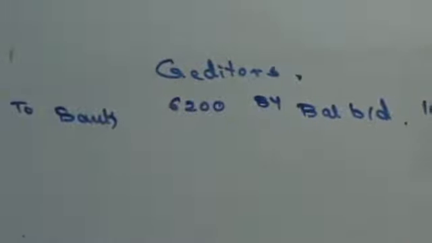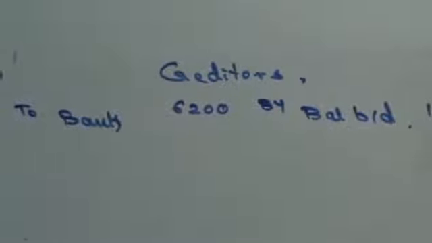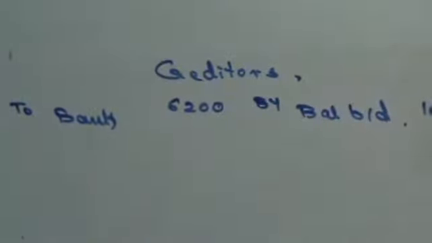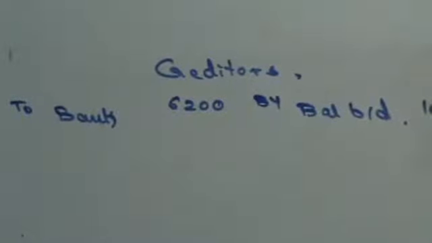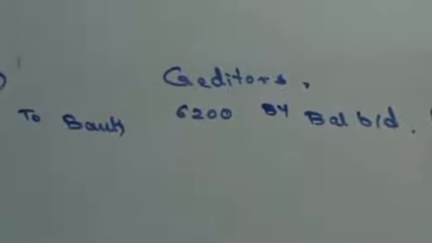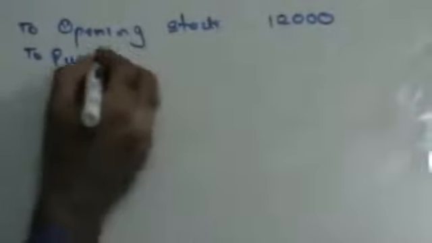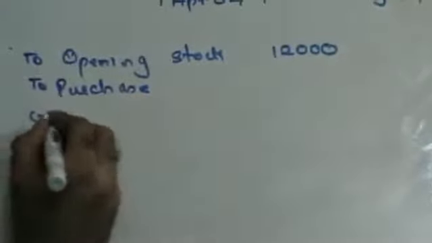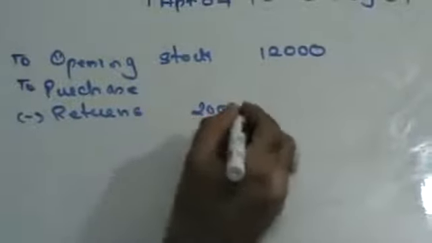Return outwards 200, right? You must have purchased and you're returning those. That means this is purchase return, right? Two effects you are going to have for this. One, you're going to have this in your memorandum of trading as purchase less returns 200.